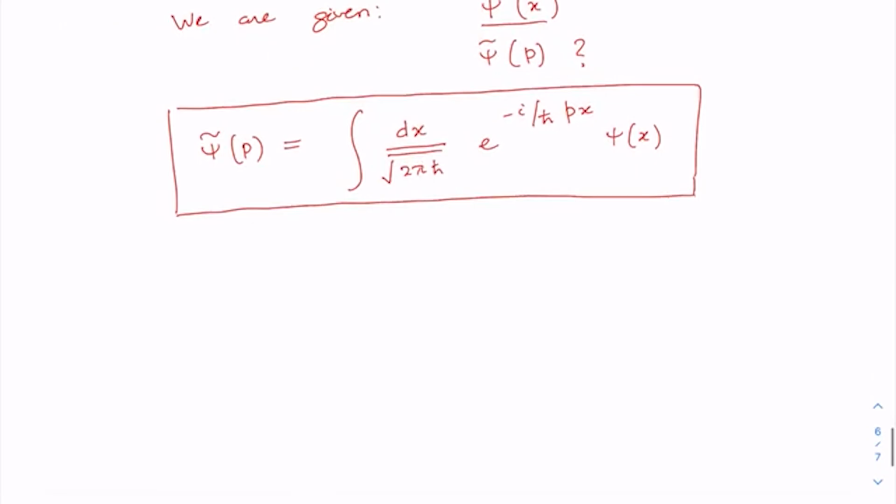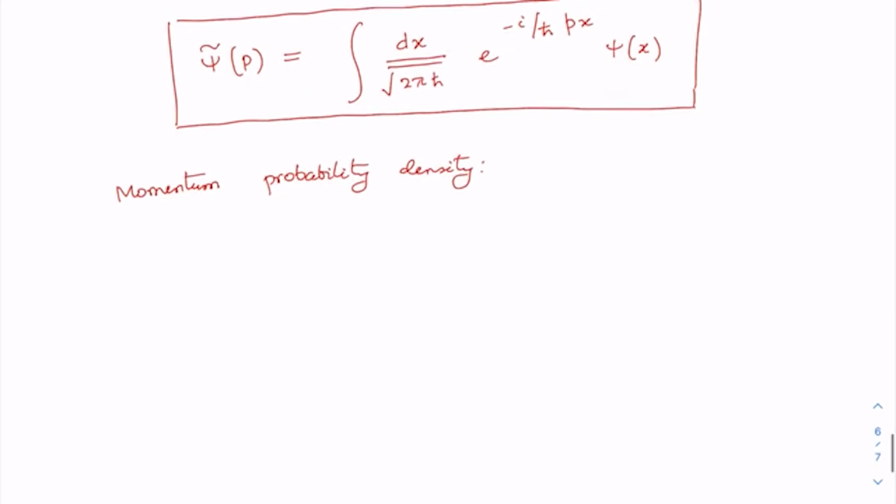And if you ask for the momentum probability density, we can find that also. The momentum probability density would be simply the modulus of psi tilde of p squared. Let me get the expression for that using this particular expression here. So that would be 1 by 2 pi h cross.